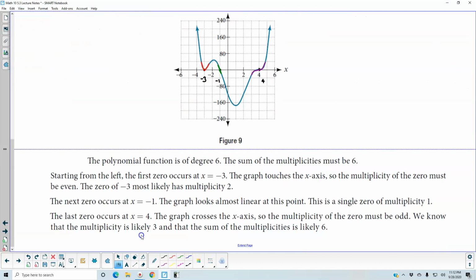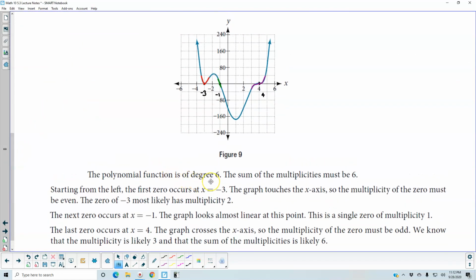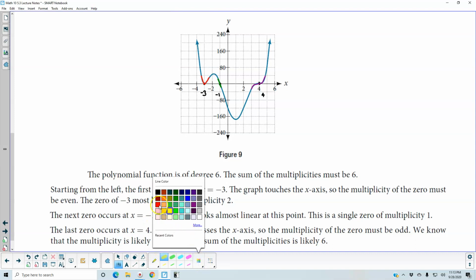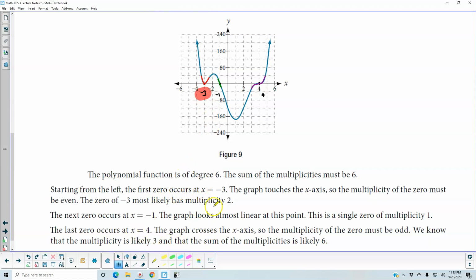So let's take a look at this in words. The polynomial function is of degree 6. So the sum of the multiplicities must be 6, because we're told that the polynomial function is of degree 6. Now, starting from the left, we notice that the first zero occurs at x = -3.